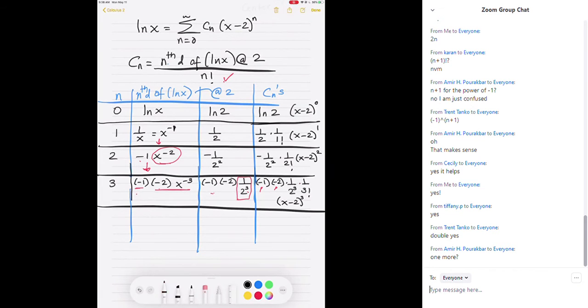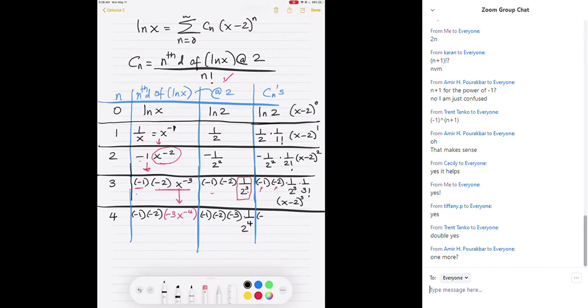So let's do this one more time. So if it is 4th, then I'm going to just copy the negative 1, the negative 2. Now the derivative of this one, which will be negative 3x to the negative 4. So I'm just going to say this is negative 1, negative 2, negative 3, 1 over 2 to the 4th.